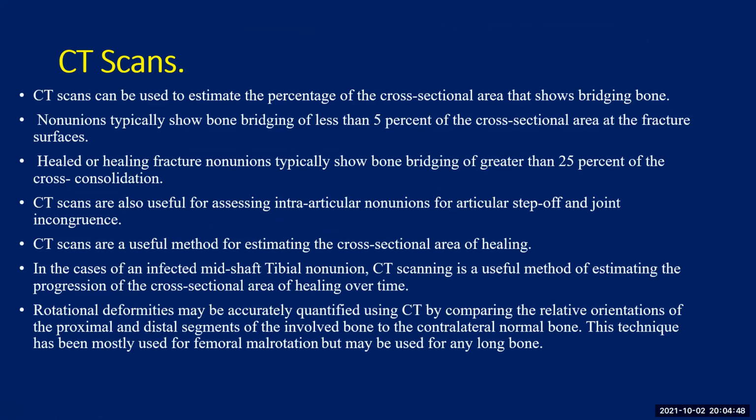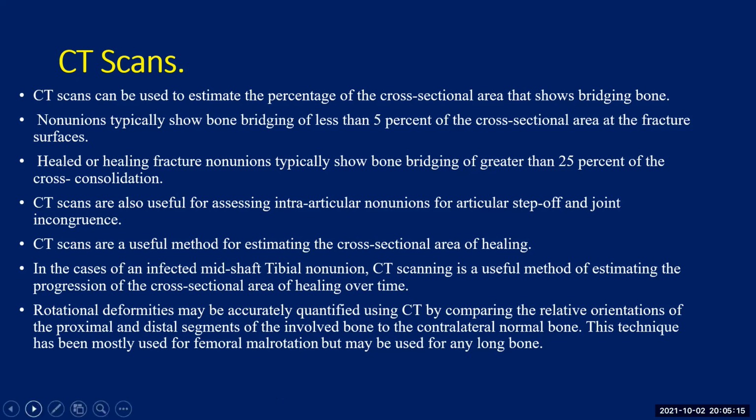They are a useful method for estimating cross-sectional area of healing. In cases of infected mid-shaft tibia non-union, CT scanning is a useful method for estimating progression of cross-sectional area of healing over time. Rotational deformities may be accurately quantified using CT scan, comparing the relative orientation of proximal and distal segments of the involved bones.